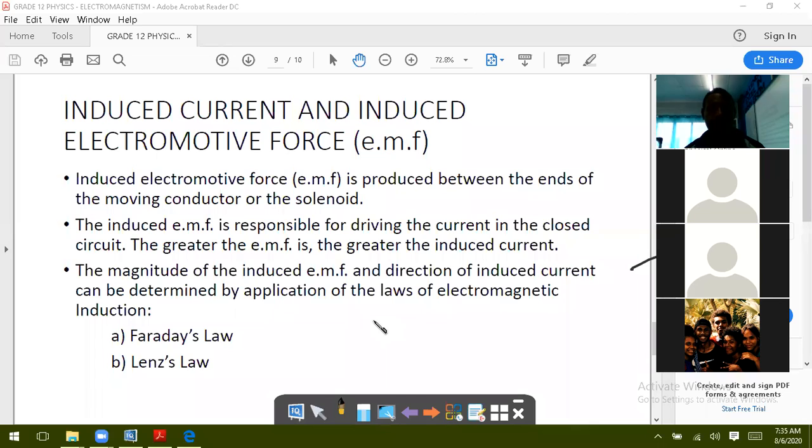And the direction of induced current can be determined by the application of the laws of electromagnetic induction. There are 2 laws that we're going to talk about in this session. The first is Faraday's law, and the second is called Lenz's law. These are the 2 laws that we're going to talk about in this presentation.